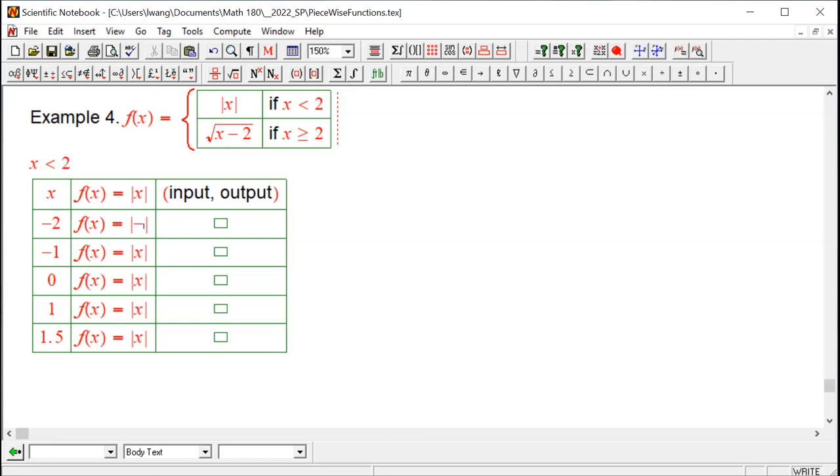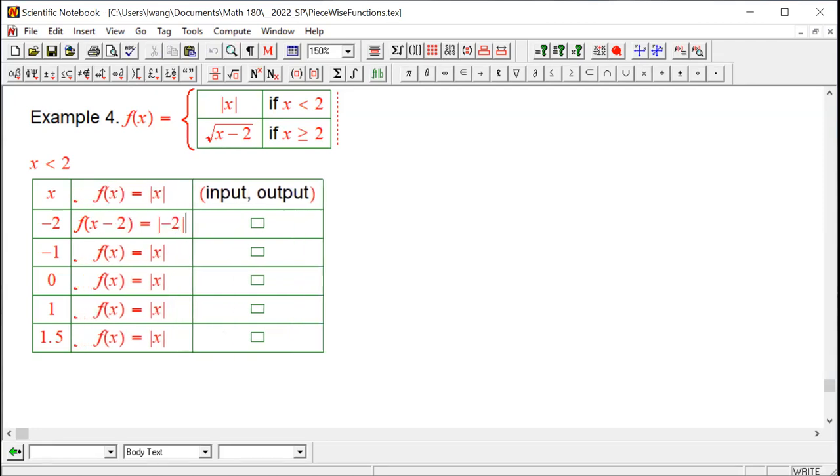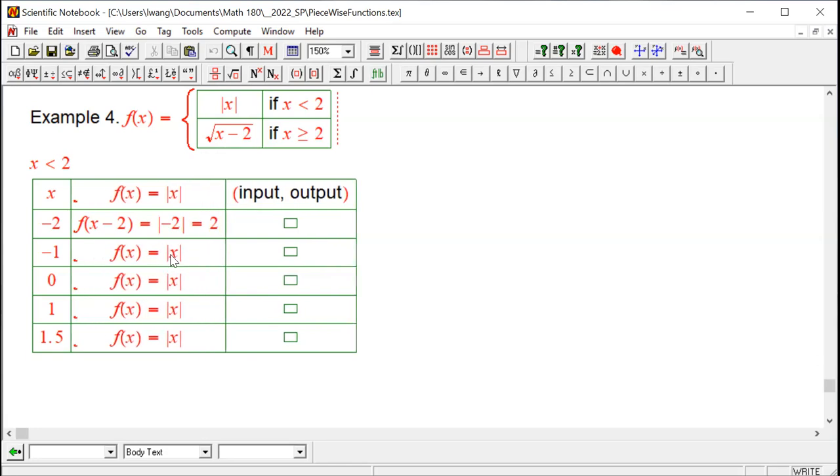So for input -2, the absolute value of -2 is 2. It's basically the picture of the absolute value of x only up to 2, not including 2.